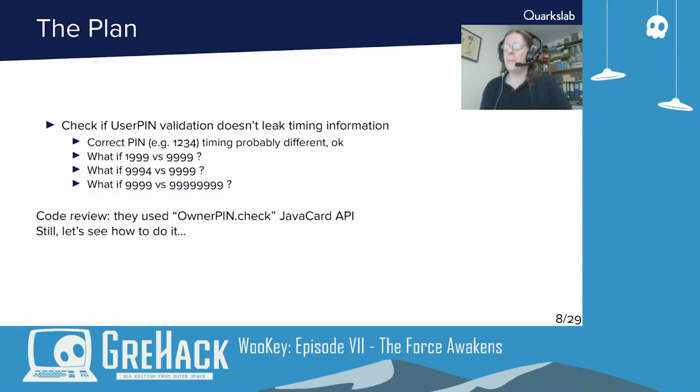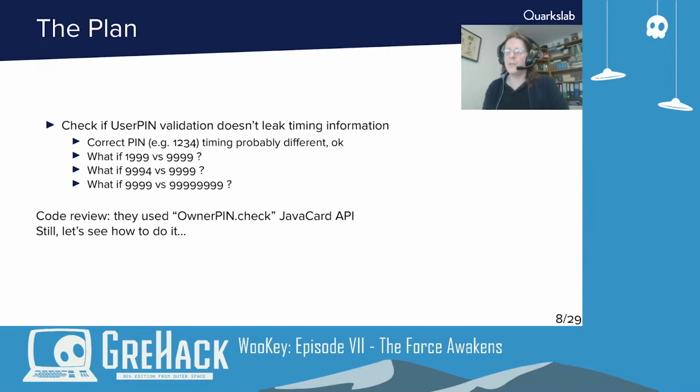The idea is to check if a pin validation doesn't leak anything in its response delay that would give us information useful to find the correct pin. Here I show you against a card used in the WooKey, but the same principle applies, for example, on passwords to unlock a microcontroller like an ECU secure session or a locked JTAG port, etc. The idea is very simple.